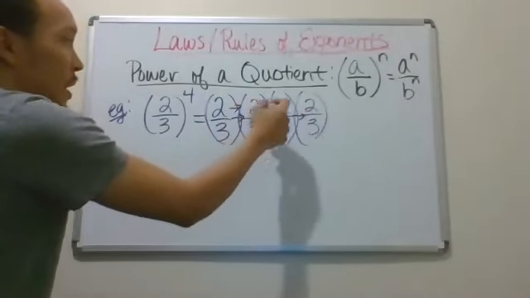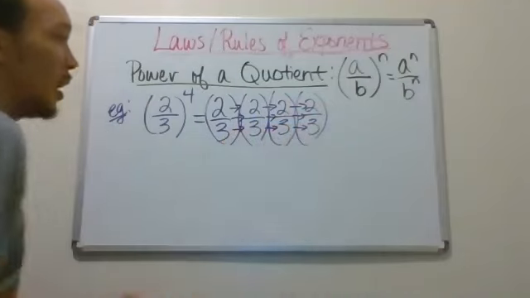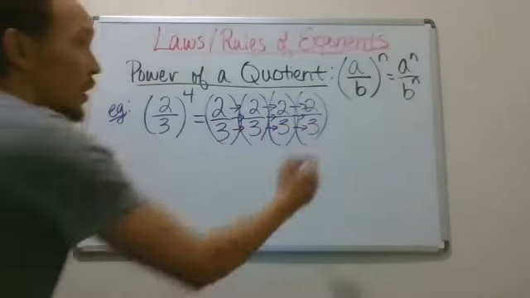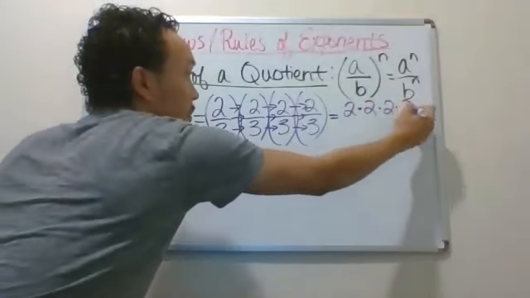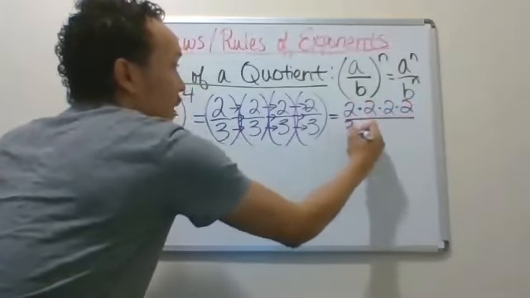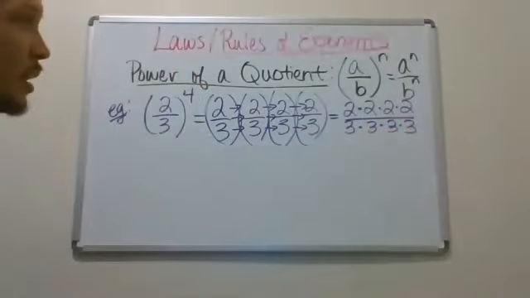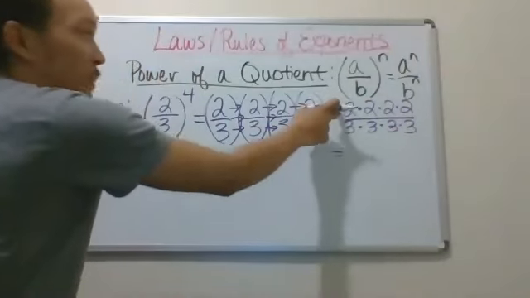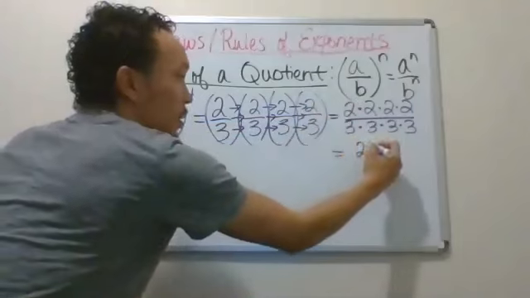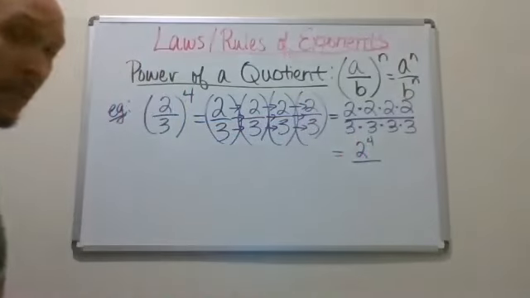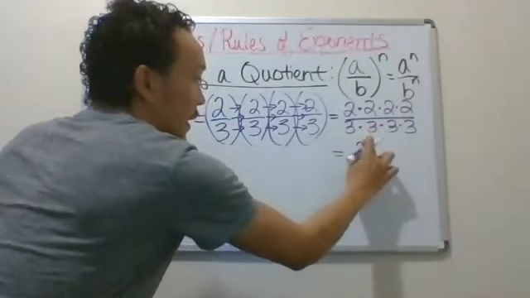My numerators are all multiplied to each other, and my denominators are all multiplied to each other. So that gives me 2 times 2 times 2 times 2 divided by 3 times 3 times 3 times 3. Going from expanded form to condensed form is 2 to the 4th power in my numerator and 3 to the 4th power in my denominator.